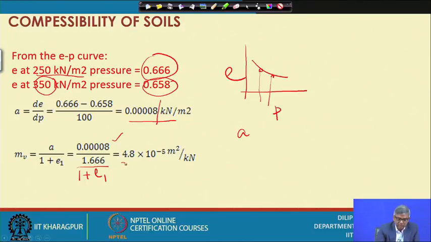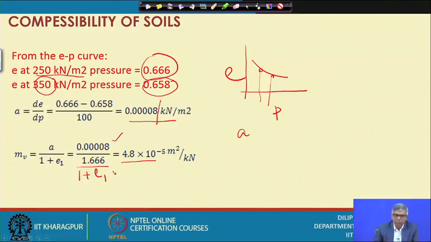Then we get this one, and the unit of mV will be the same as a. Here it is wrongly written; it will be meter square per kilonewton, or 1 by kilonewton per meter square. So, this is the value we are getting by one method. There are several other ways it can be calculated. So, this is the first one.